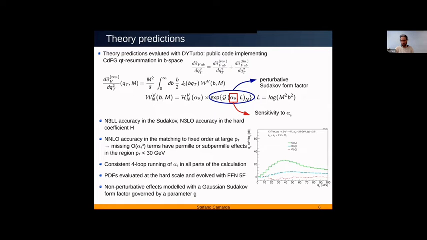There are even fits that try to do this. What I found in this particular fit is that an exponential form factor alone is completely excluded by the data. This for sure must be related to the nature of power corrections.